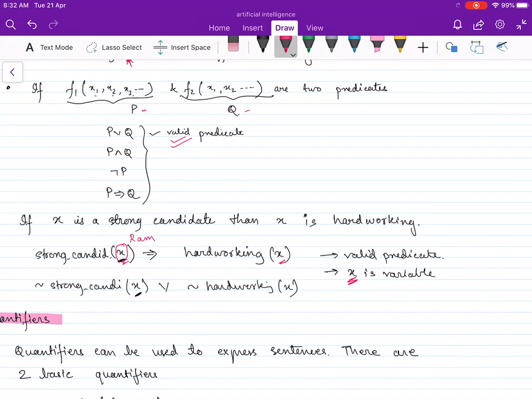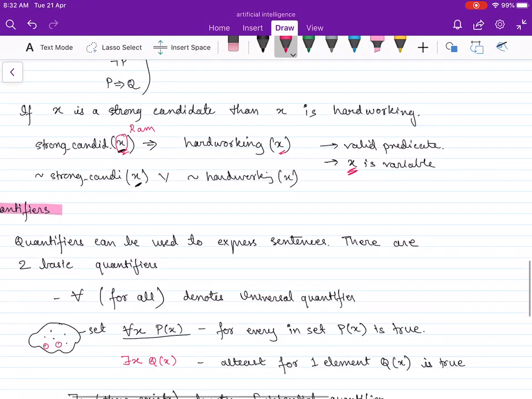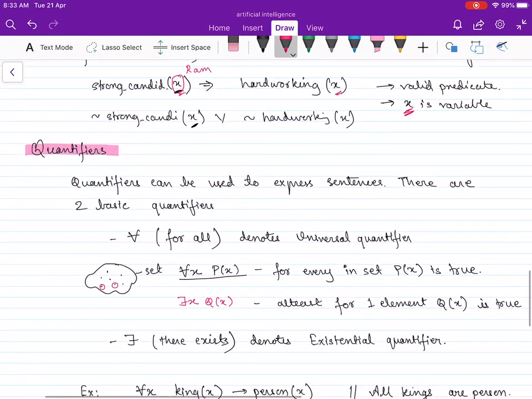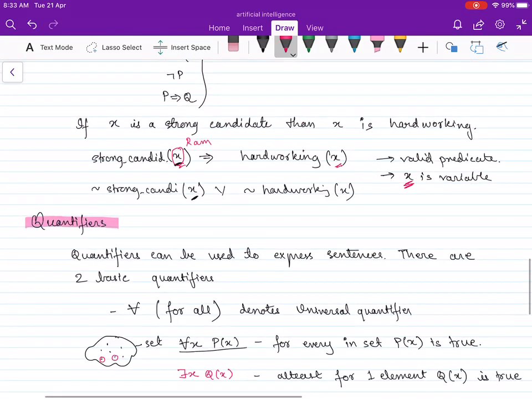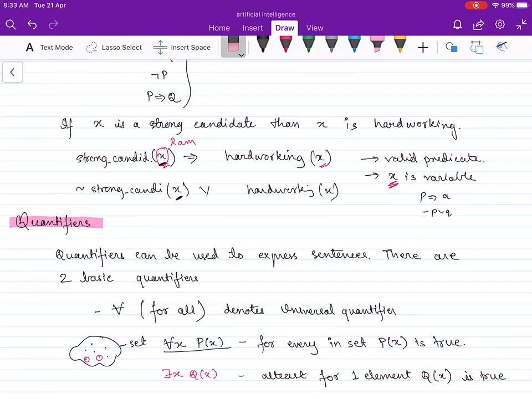This can also be written as not strong candidate(x) or hardworking(x). Here I should correct myself: p implies q is not p or q, it should be like that.